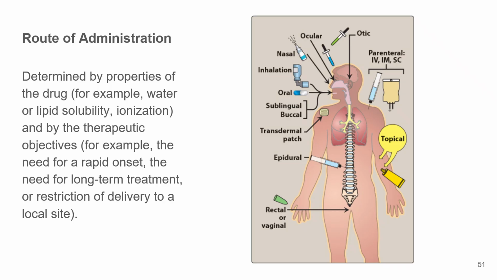Secondly, we think of what is our objective when giving this medication. So if we need rapid onset, such as a patient having severe pain or anaphylaxis, then we might choose IV or IM. If the goal is long-term steady treatment, then oral or perhaps a transdermal might be preferred. Sometimes we want to limit effects to a local site.